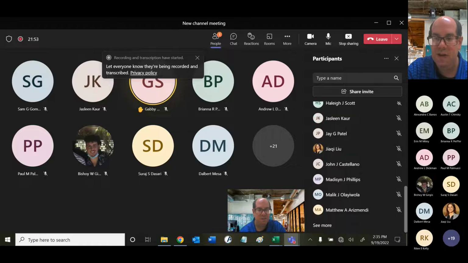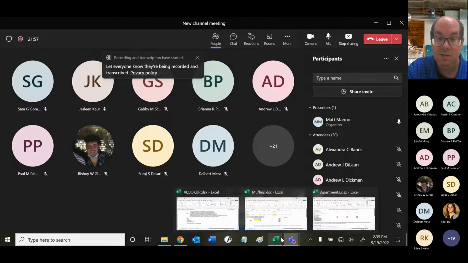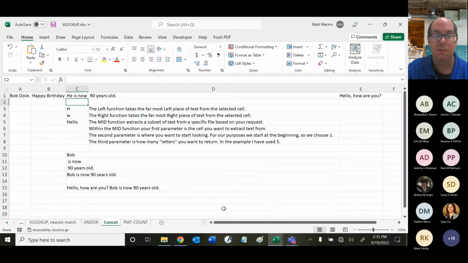Yep. So in this case, we're using strings, because we're also using left, right, and middle function. So the left function takes the far most left piece of text from the selected cell. You'll notice in the example in cell C3 that it's left B1.